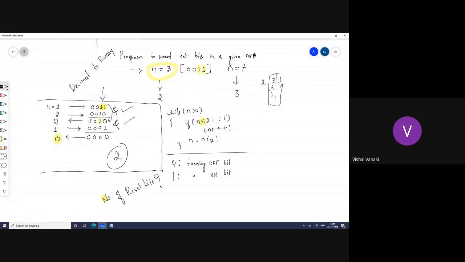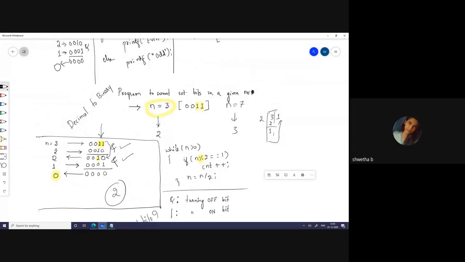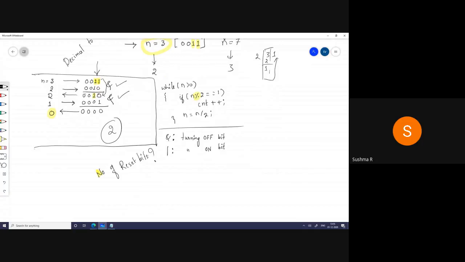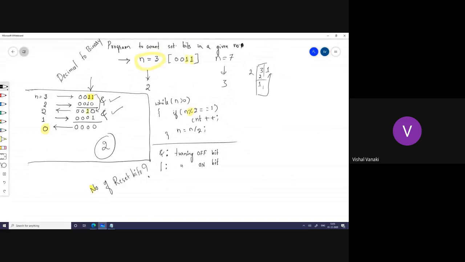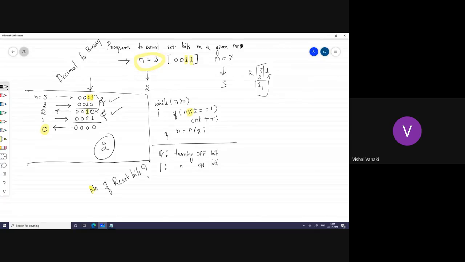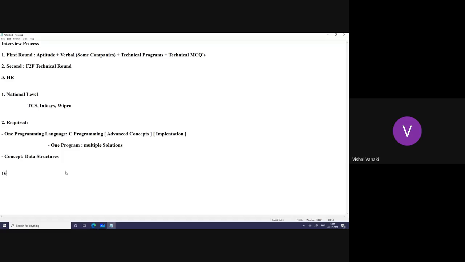What is the data type of this 3? Int. Integer, right? So what is the size of integer? 4 bytes. That depends. 2 bytes. See here, that depends upon whether your compiler is a 16-bit compiler or 32-bit compiler.